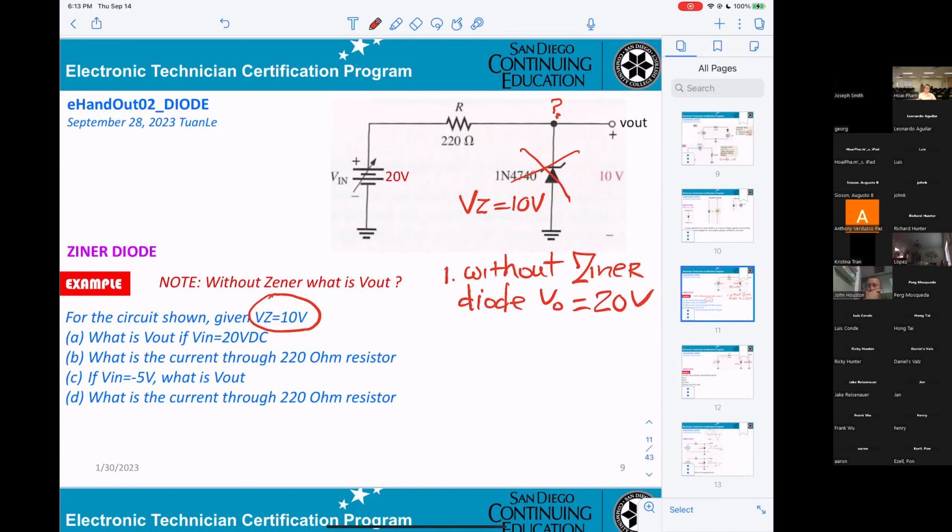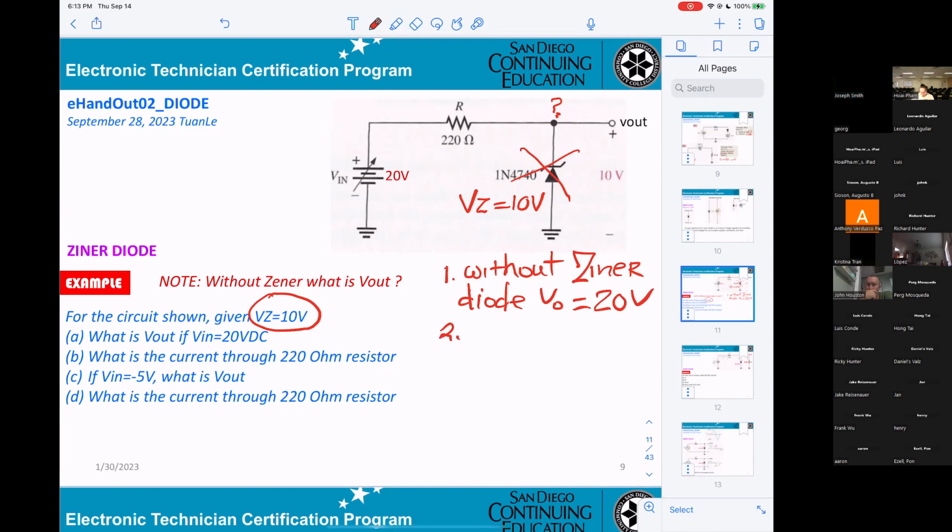And now, is it a 20 compared to the Zener 10 volt? That will be telling you what happened to the Zener. Are they working normal, or do they break down, or do they open? Breakdown.